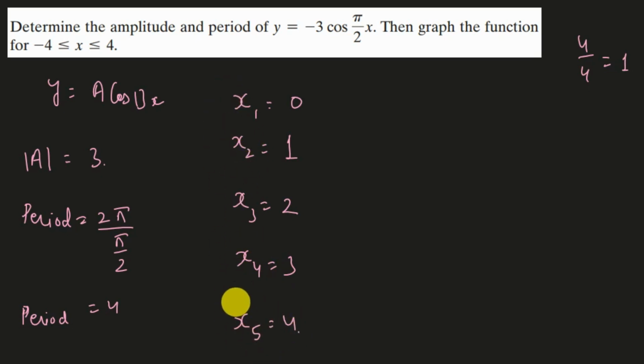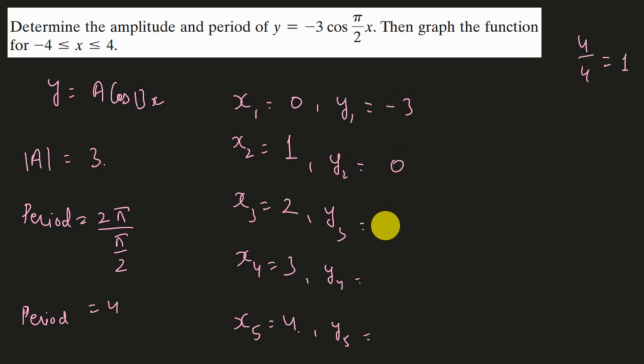Now corresponding to these points, find the values of y1, y2, y3, y4 and y5. When you put x as 0 here, cosine 0 is 1, so you will get minus 3, right?